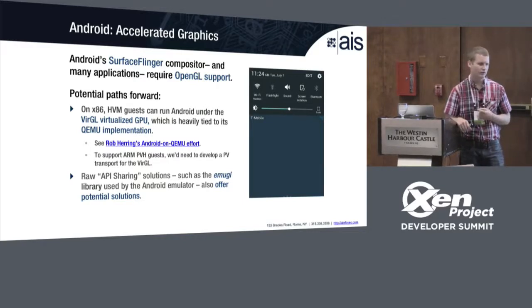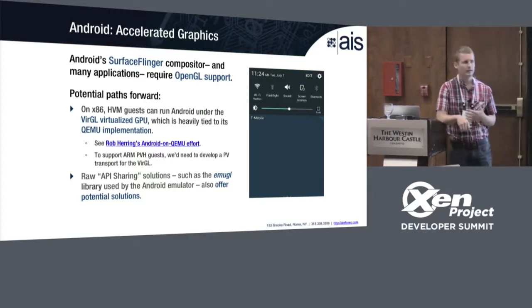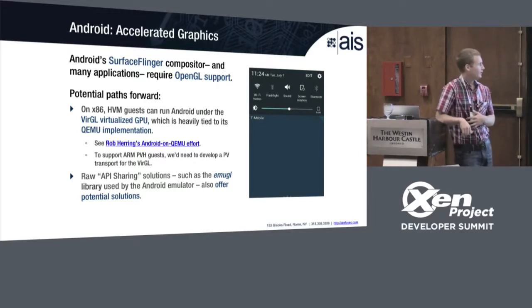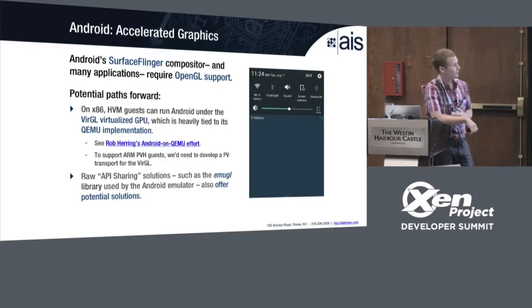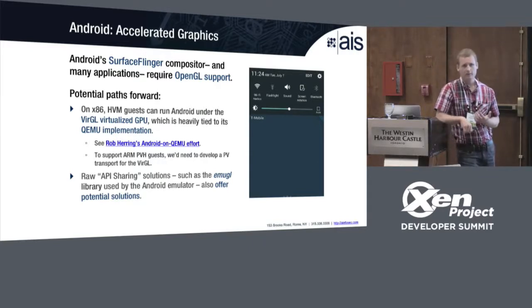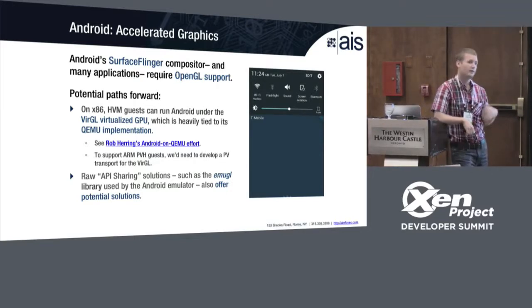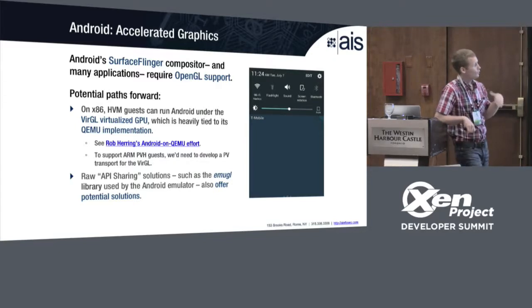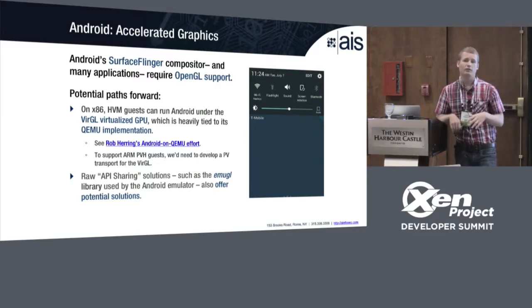Samsung did a demonstration a few years ago, I believe, at Xen Summit on one of their tablets. They had some sort of proprietary solution. A promising option is VirtIO's virtual GPU device. Rob Herring from Linaro has done a lot of work on getting Android running inside of KVM, utilizing the graphics acceleration provided by the virtual device.